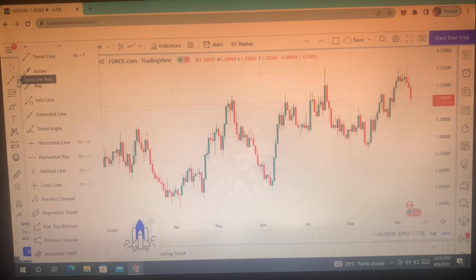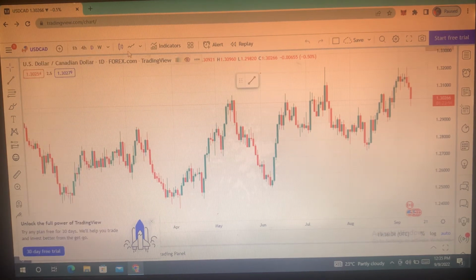Under trend line, you see different tools. You see the trend line, you see the arrow, you see the ray, you see a lot of tools, but I like to use the trend line. I use arrow. I can even star them to make sure they are always here anytime I want to use them. Okay, Fibonacci, we have brush, we have text. If you want to apply text to your chart, text, pattern.